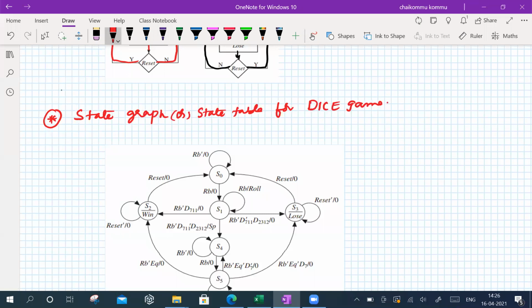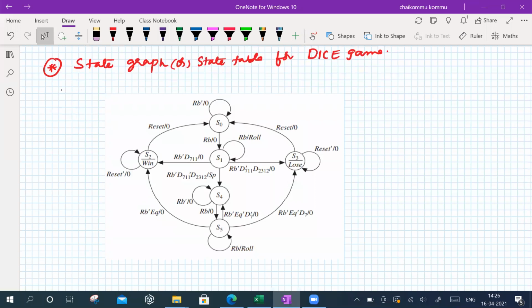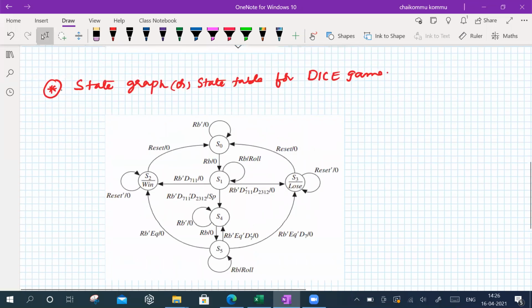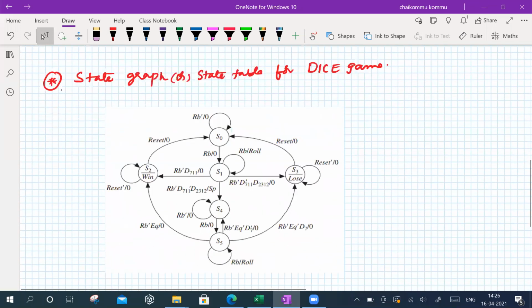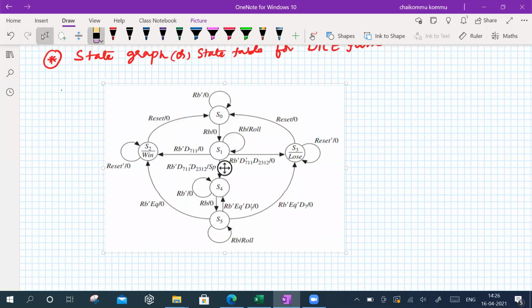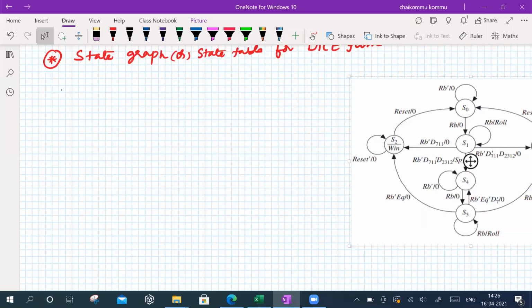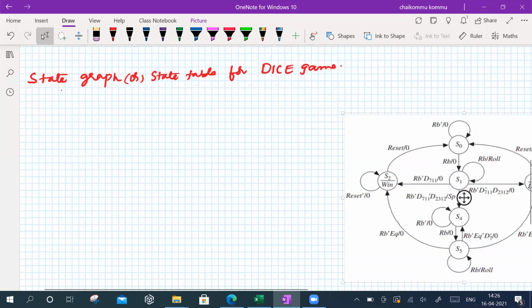Before going to that one, actually, it is a control unit. Let us keep this aside. First of all, I want to draw the block diagram, then we'll go for it. That is a better thing.